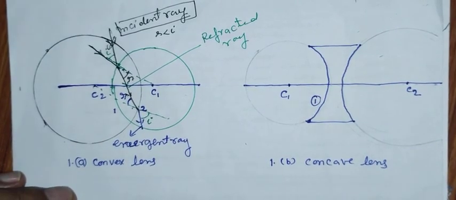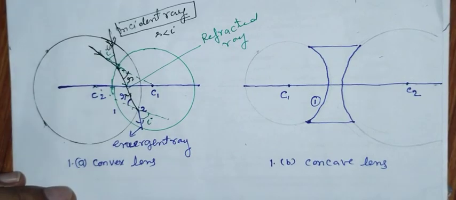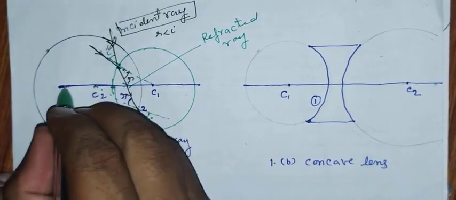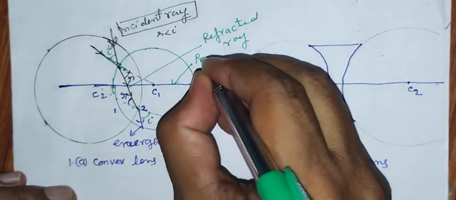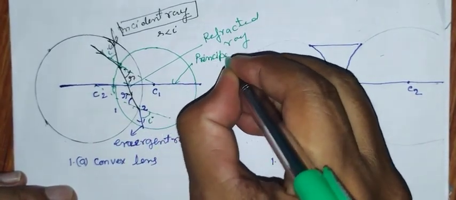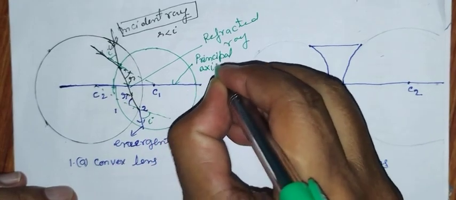Now see about the concept of optical center. See very carefully, this line is called the principal axis.